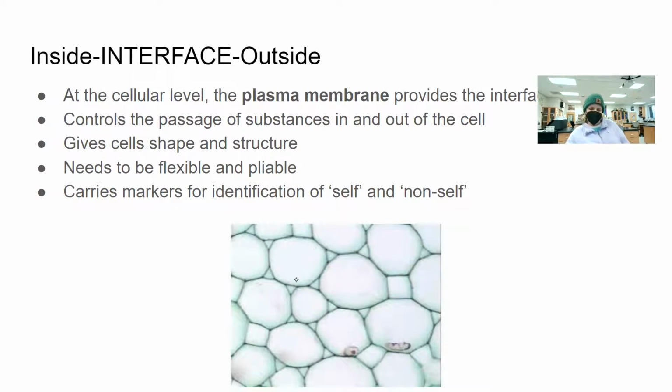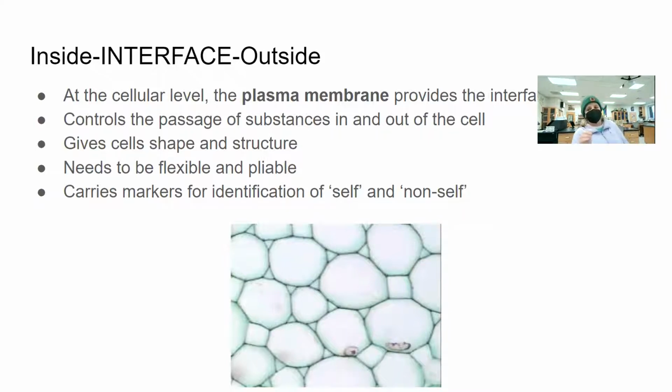If you can see my mouse cursor, here is one of the plant cells. This is the inside of the plant cell. These little triangle-y spaces or even square spaces in between would represent the outside of the cell environment. And then of course, what is appearing as the black line is the interface. That's the plasma membrane that's separating the outside of the cell from the inside of the cell.